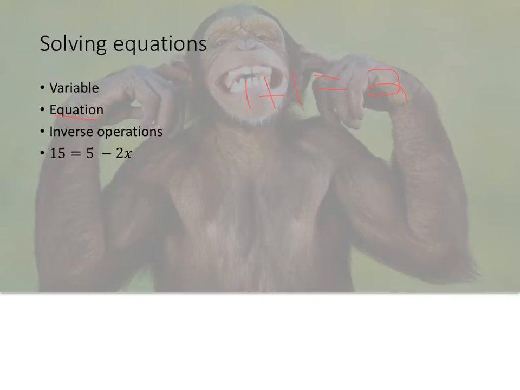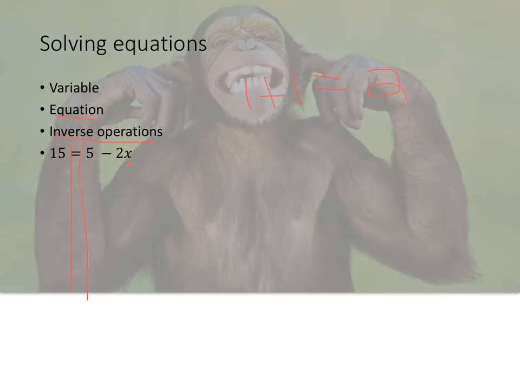Alright, so first of all, what I like to do is draw lines around my equal to sign, because what I'm doing is clearly establishing a left and a right side. And once I have a clear established left and right side, I look for my variable. And there it is, x. So I'm going to use inverse operations and do the opposite of everything that I'm doing to the variable to get it isolated.